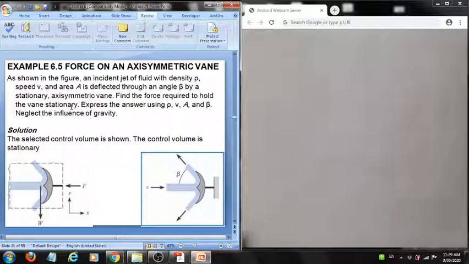This vane looks like a plate or like a lemon squeezer, to squeeze lemon juice out, in this shape. If I want to draw it, maybe I'm not a good artist. So the jet is coming this way, and it leaves in all directions.